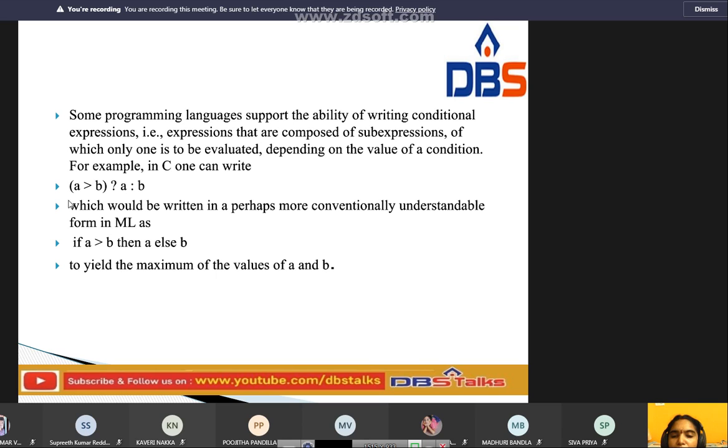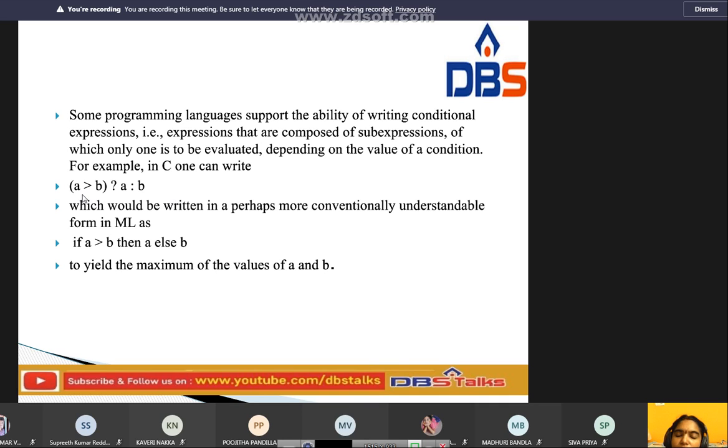For example, A equal to 3, B equal to 4. Here 3 greater than 4. Is the condition true or false?